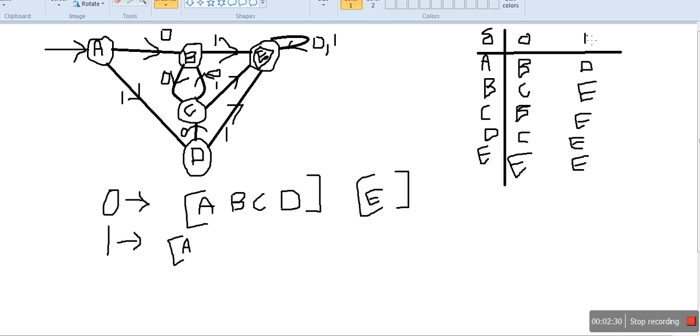Now on 1, A goes to D and B goes to E. Since D and E are not in the same class in the above step, A and B will not be in the same equivalent class. So we separate A and B.